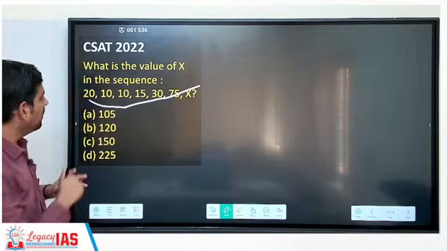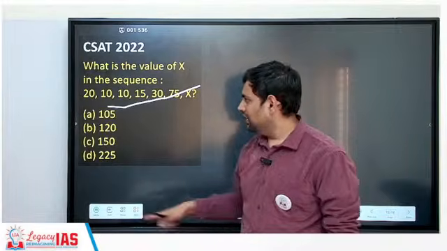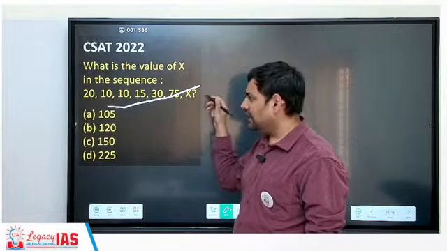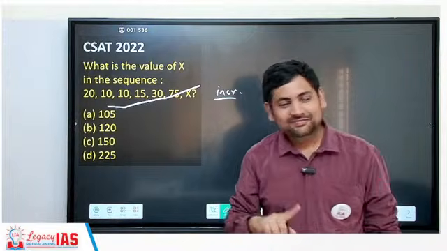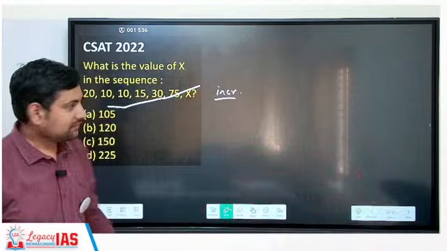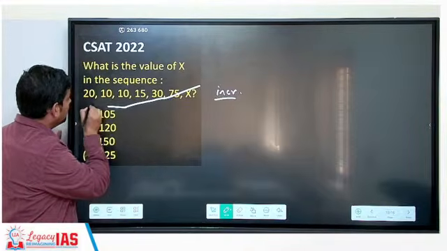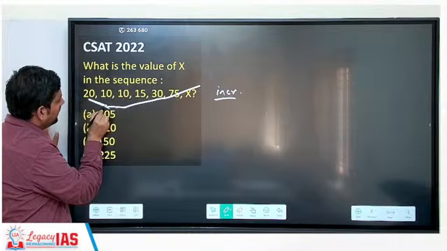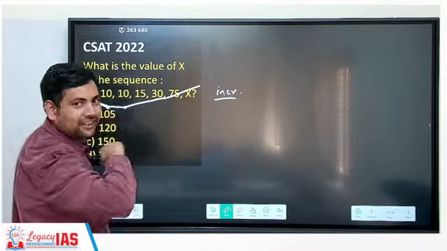Now, what I have told you: you just ignore the first term. Now what does the series look like to you? 10, 10, then all the time increasing, so this is an increasing series. Also I have told you one more thing, that one of the favorites of UPSC is this pattern: it decreases once, then it remains constant, and then it increases.